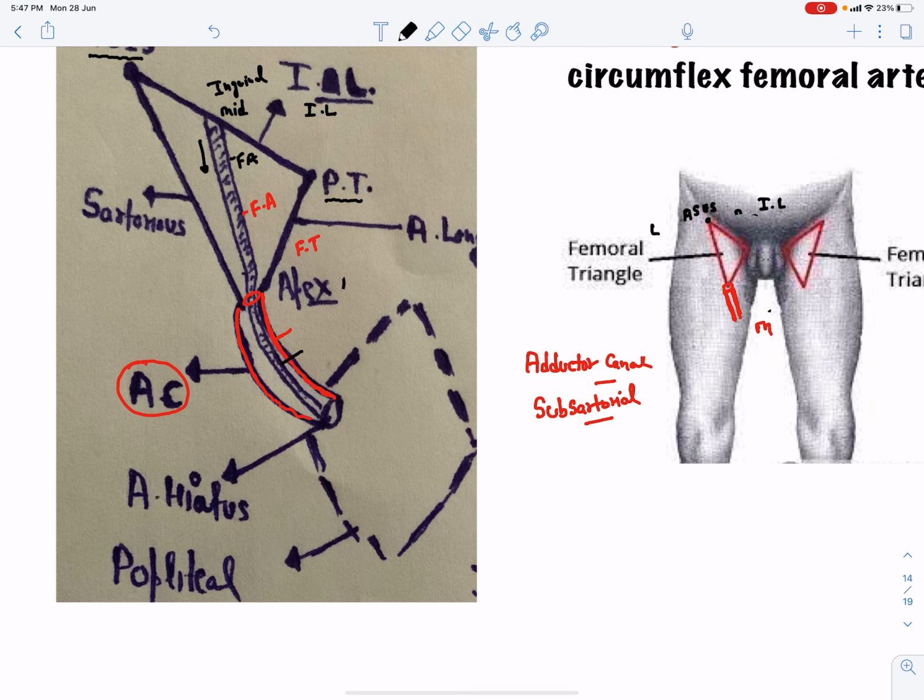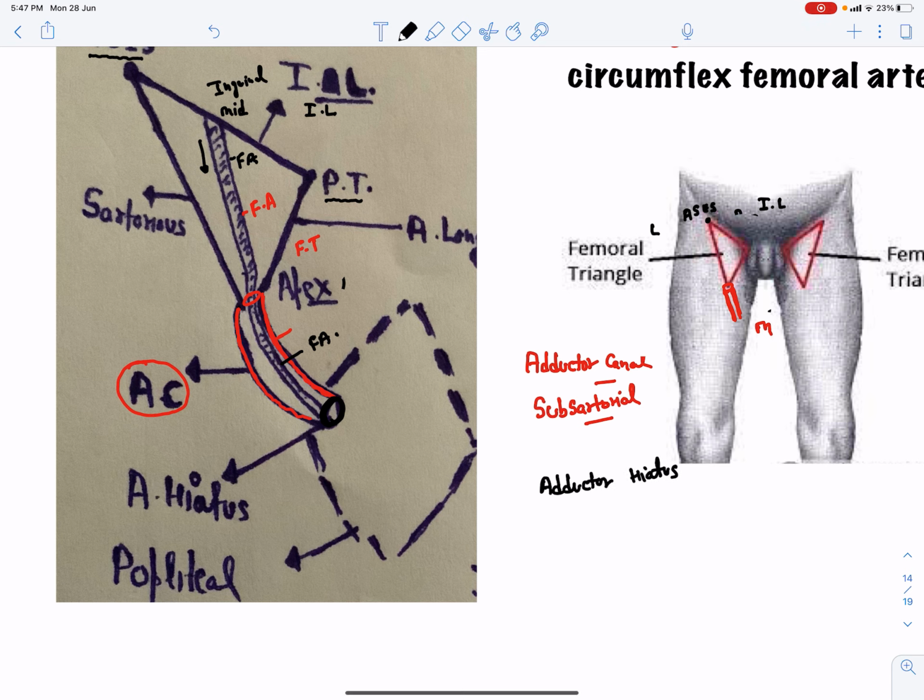This femoral artery is coming down here. Then it leaves the adductor canal through the adductor hiatus. Here one opening is present. So what is the name of this opening? This is called the adductor hiatus.